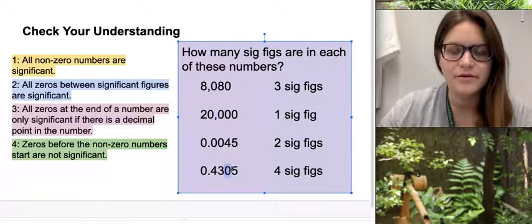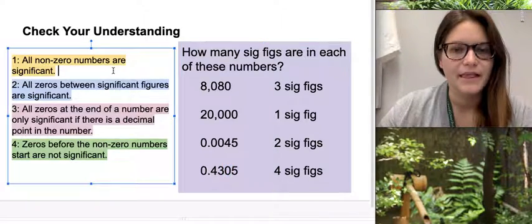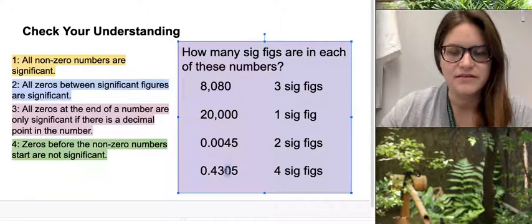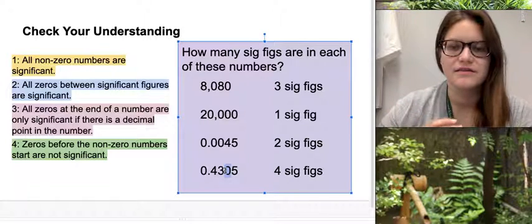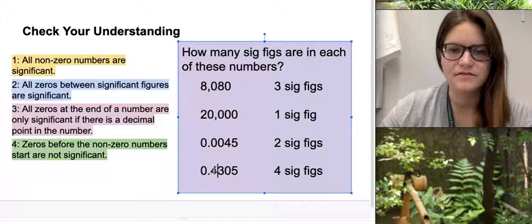But because this 0 comes between non-zero numbers, and also because it's after a decimal point, it is considered to be a significant figure. There we go. So these 4, 3, 0, and 5 are the significant figures in that last example.